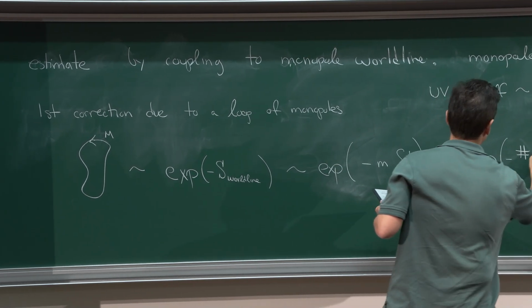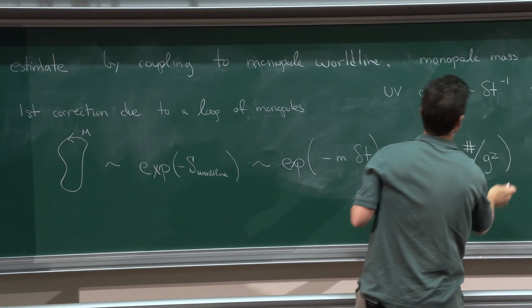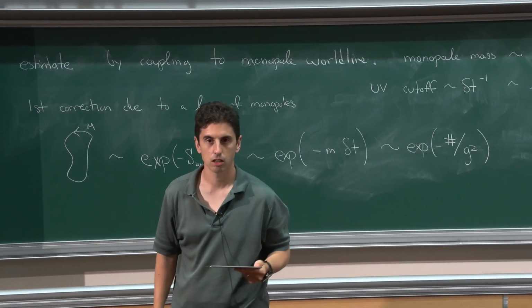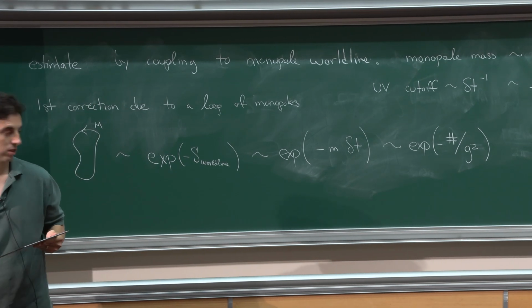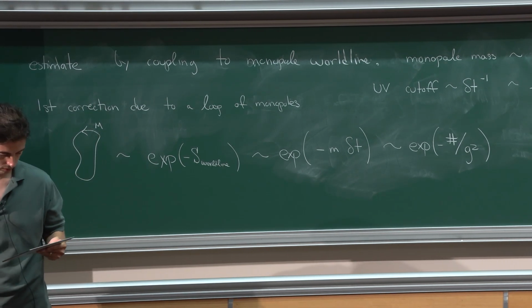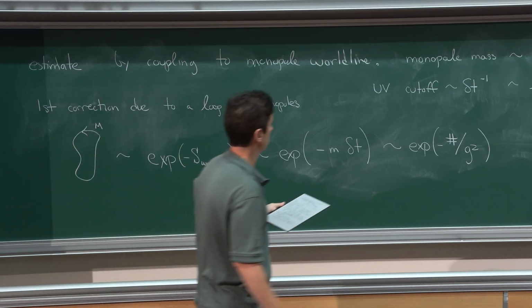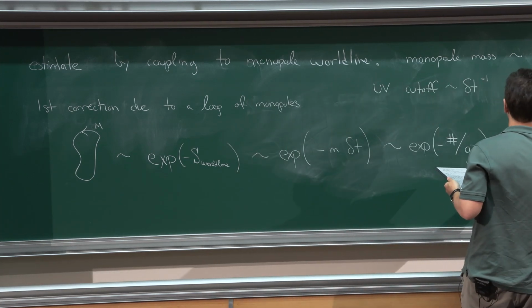The scale cancels, and you get some pure numbers, which we definitely can't keep track of from this kind of reasoning, divided by g squared. So what do we expect?